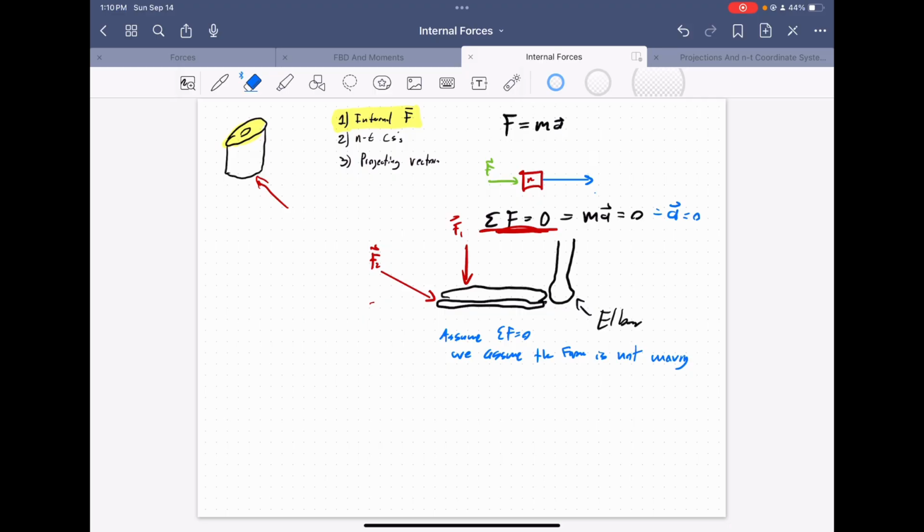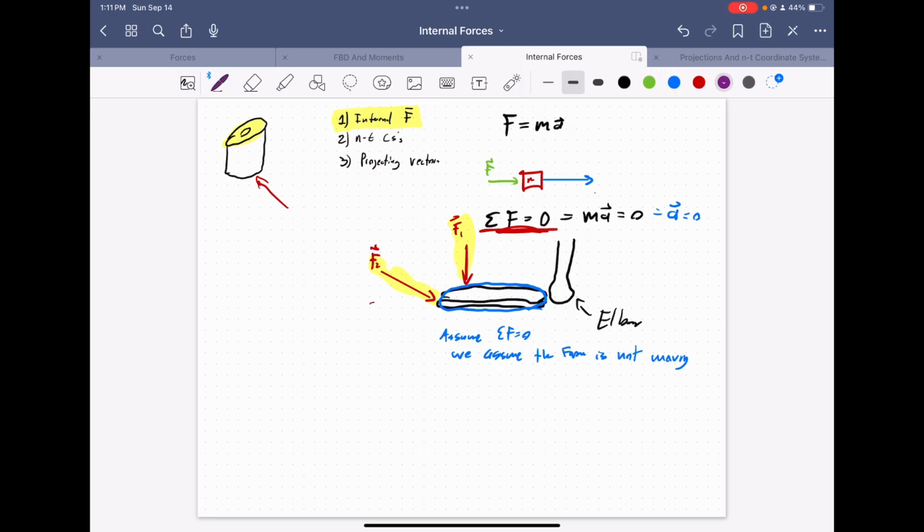So if we look at the system, if we define the system as that forearm, and we have these two forces on it, if it was only these two forces, that would probably cause the arm to move this way, right? Like if that arm was floating in space and we applied F1 and F2, it's going to move somewhere in that direction.